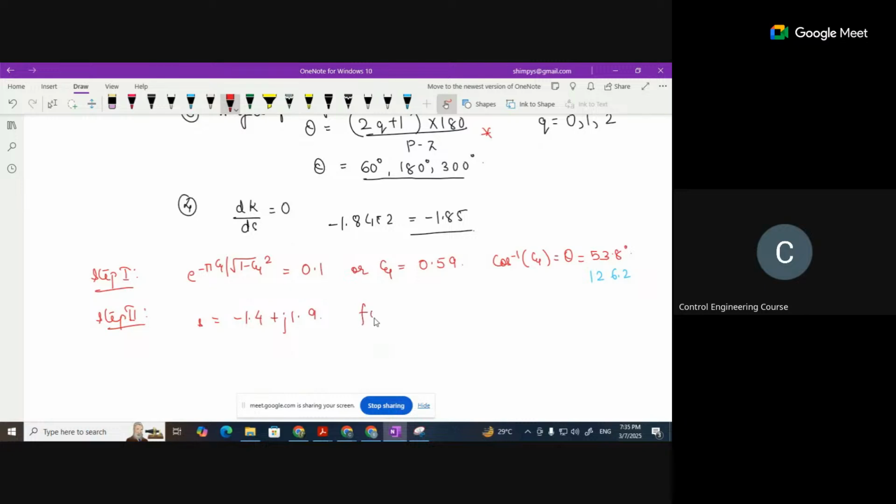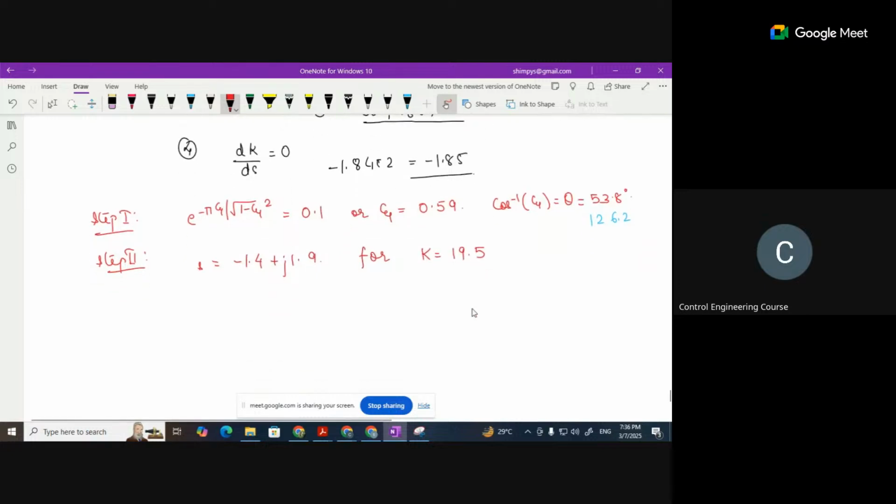And what was the gain? That you have to calculate by substituting this value of s. And K will come out to be, you please check it, when you revise.